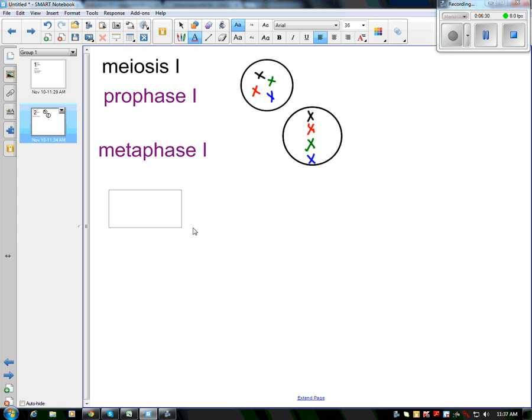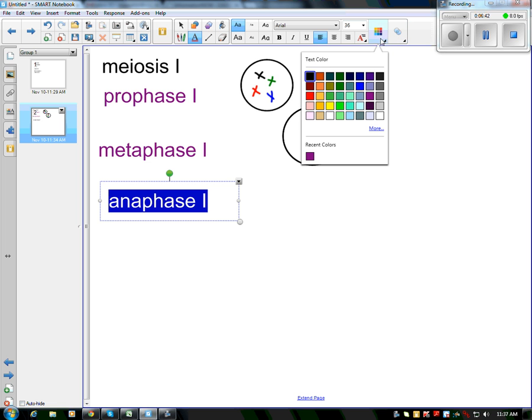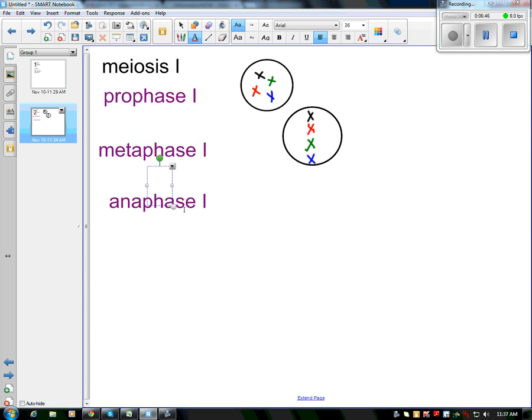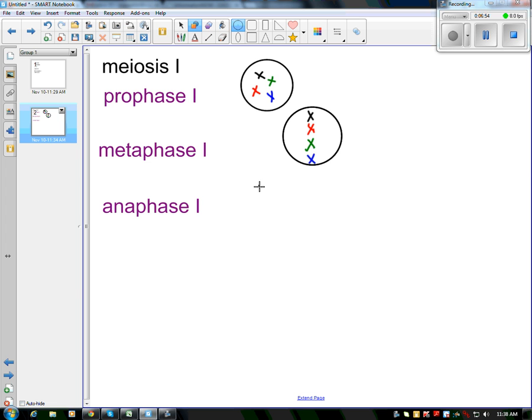Then we go to anaphase one. During anaphase one, just like during mitosis, all of the chromosomes split and go to opposite sides.